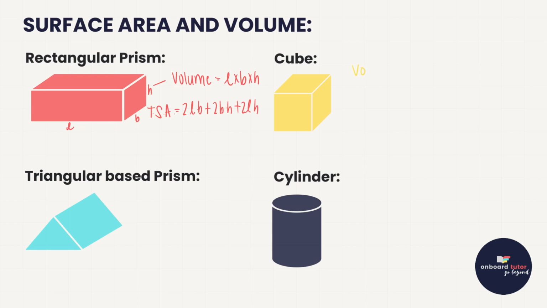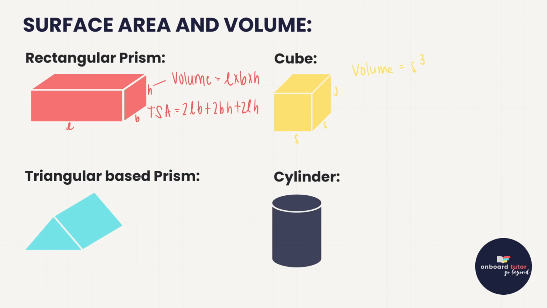All right, a cube, nice and straightforward. If we want the volume of a cube, that's literally side cubed. The volume of a rectangular prism was length times breadth times height, but because a cube has the same dimensions for every side, you'd end up saying side times side times side when you substitute it in.